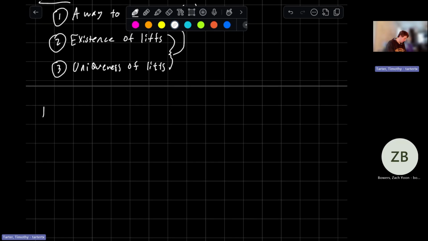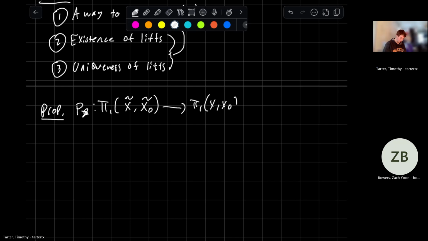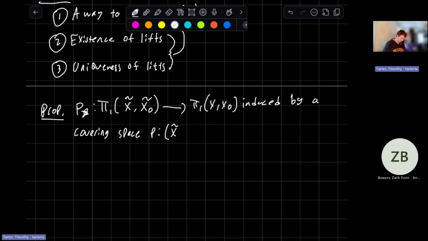So a simple application is the map p star from pi 1 to pi 1 induced by a covering space is injective.